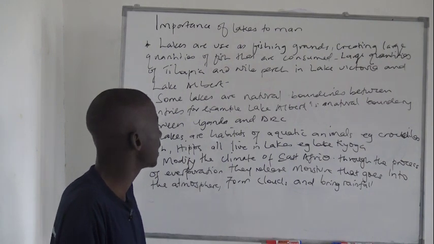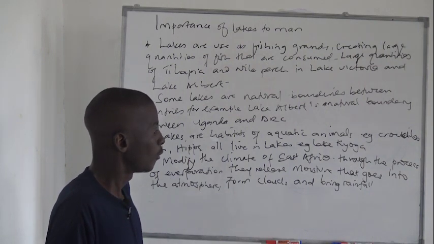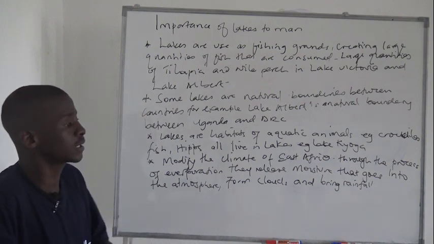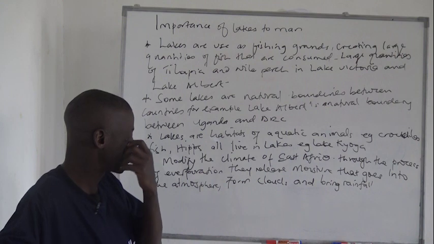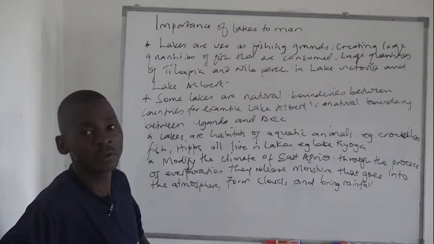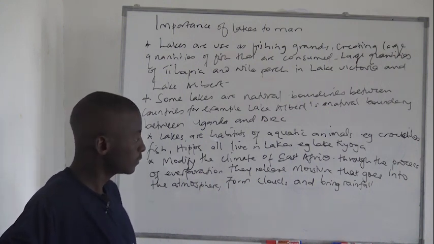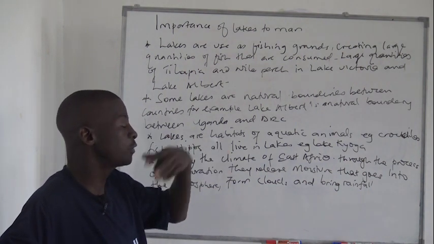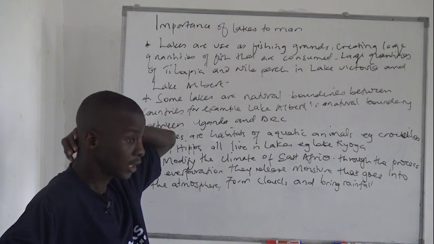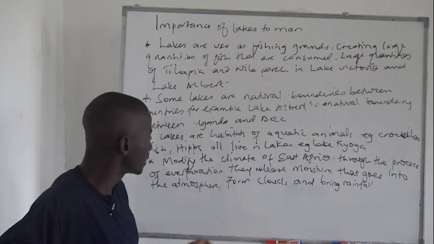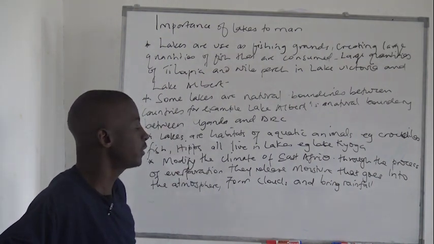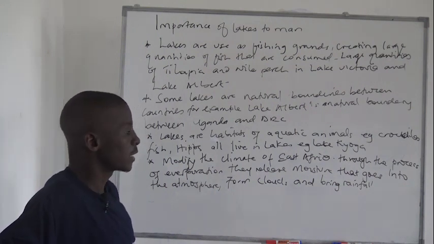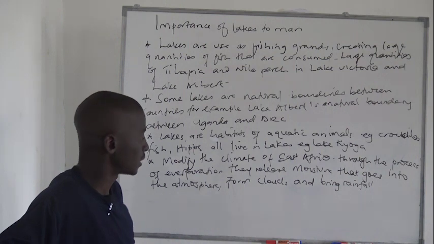They modify the climate. Of course, when these water bodies are heated up, they evaporate, they release excessive water into the atmosphere. This excessive water goes into what we call the condensation level. Beyond the condensation level, they form clouds, especially the nimbus type of clouds that are associated with a lot of rainfall, and it is one of the ways of modifying the climate.